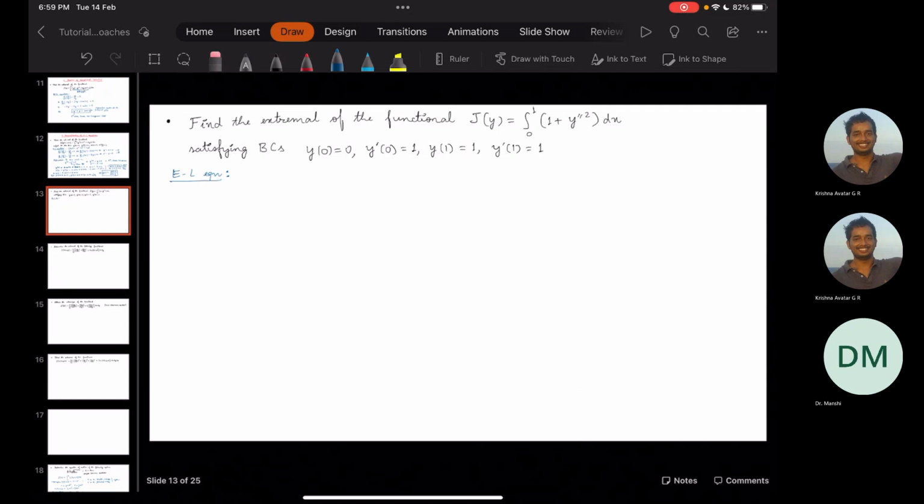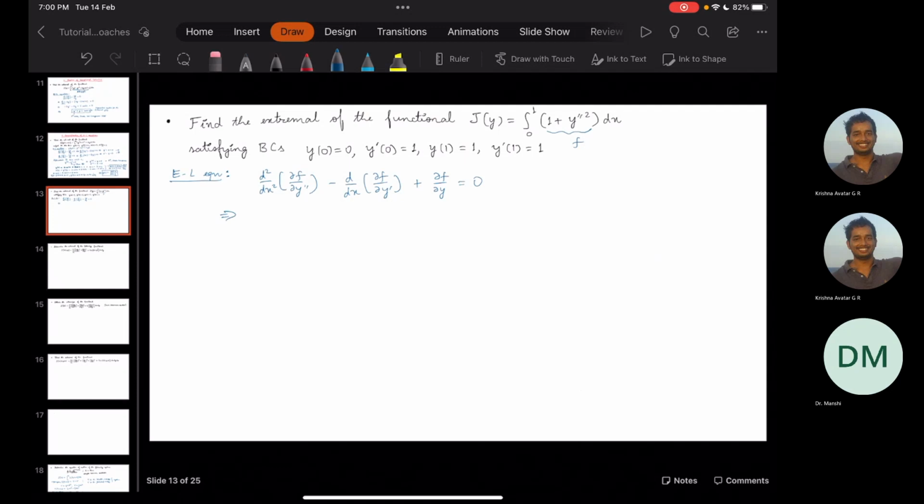I'll call the integrand again as f. So it is d squared by dx squared of del f by del y double prime, minus d by dx of del f by del y prime, plus del f by del y is equal to 0. Okay.